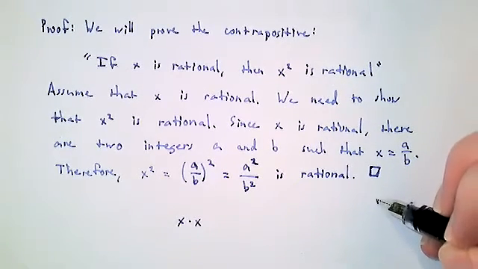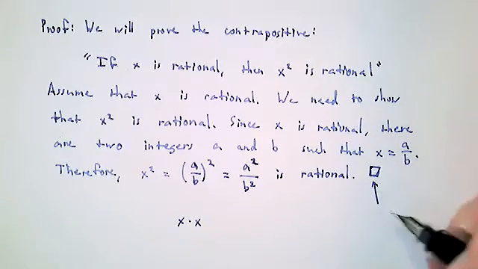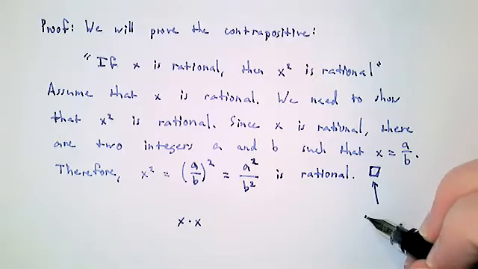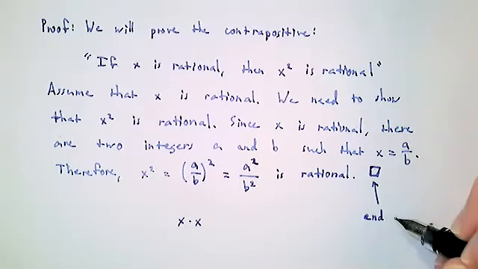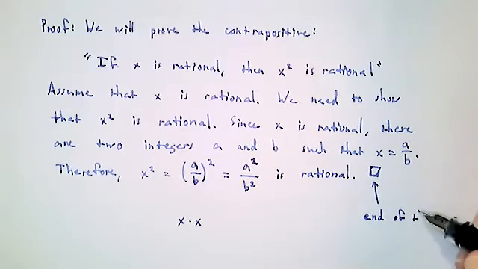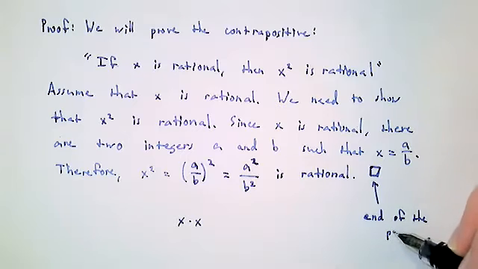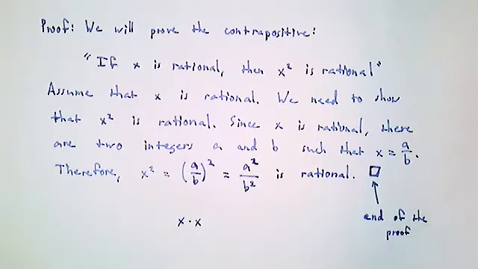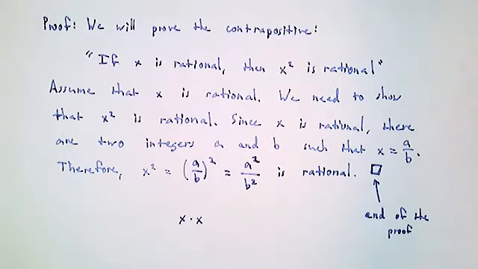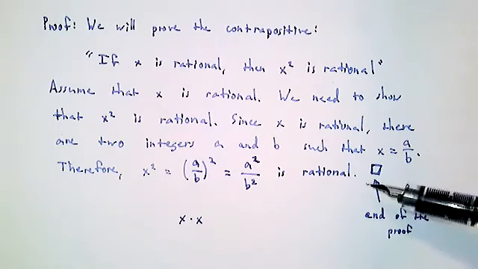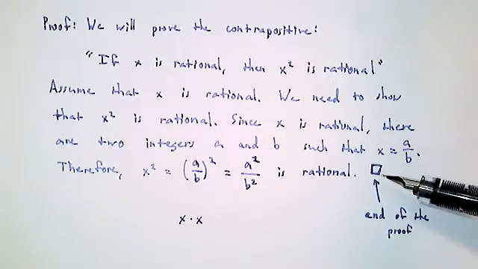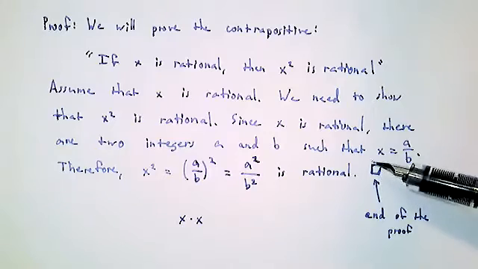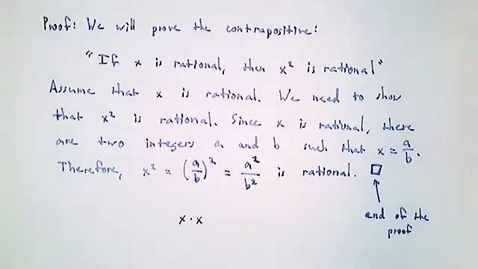He meant the square symbol. Right. This is the symbol that represents the end of the proof. Ah, gotcha. You put it at the end of all your answers for proofs too. Right. So when you're finished, you should put a little symbol there to let whoever's reading it know that you're done, and that whatever comes after that isn't part of your proof.